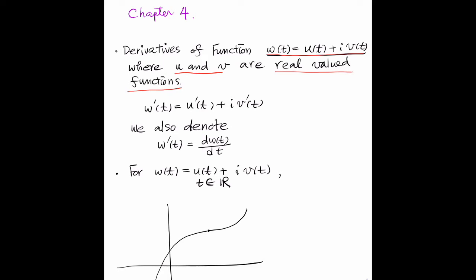So when t moves, this is w(t), and you can identify this point with (u(t), v(t)).